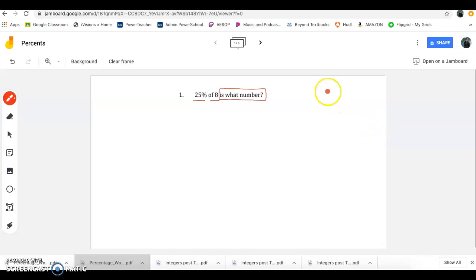Sounds funny, is. All right, so our equation for today is is over of equals percent. And I always ask you guys, all percents are based out of 100. So no matter what you guys get, you're always going to know all percents are out of 100.